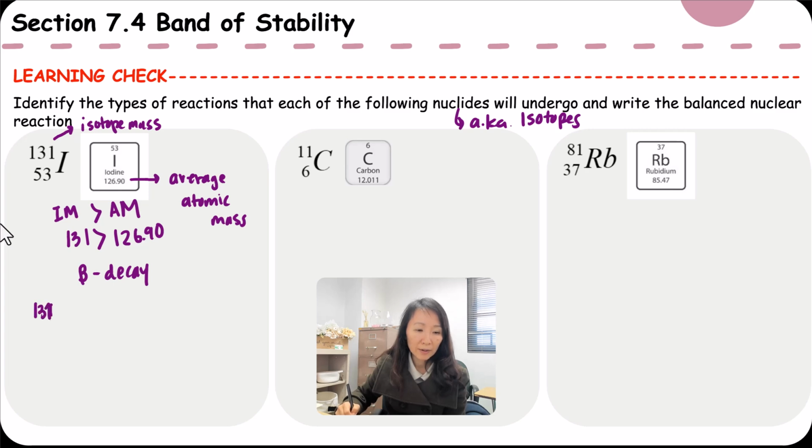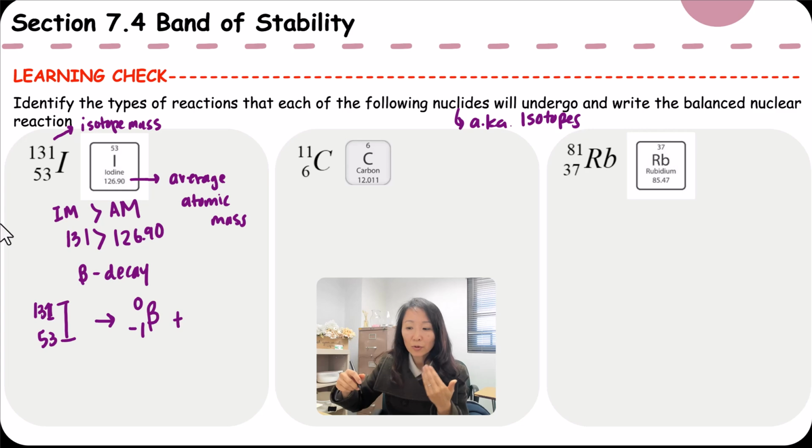Iodine-131, with atomic number 53. It's going to go through beta decay, which means it's going to spit out a beta particle, something electron-like. And while it's doing that, it's going to change the identity of the iodine, meaning the iodine will become a different element, because the number of protons changes.